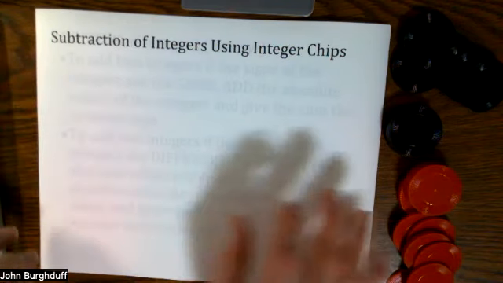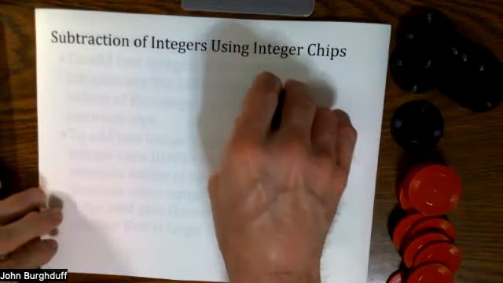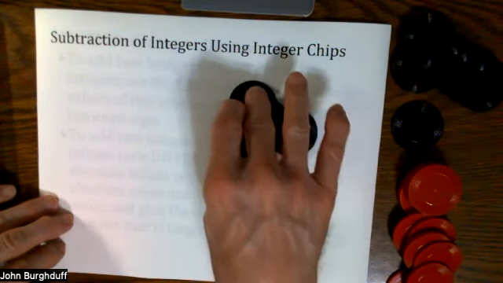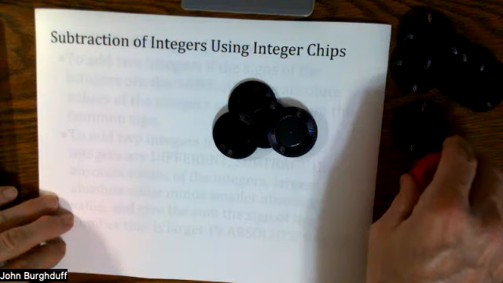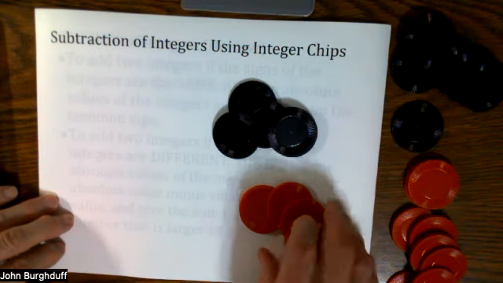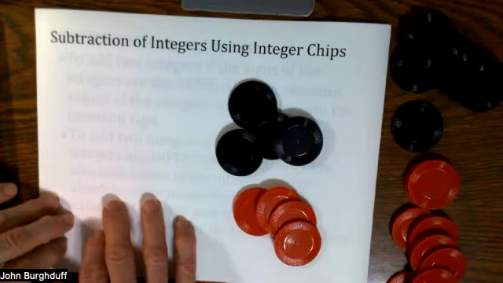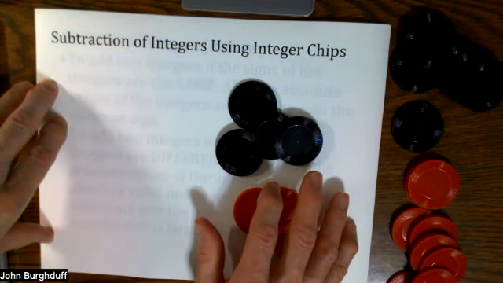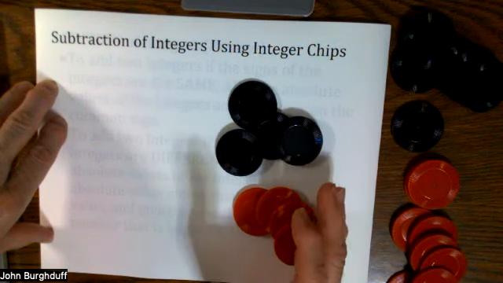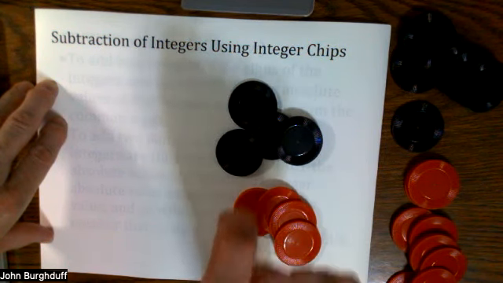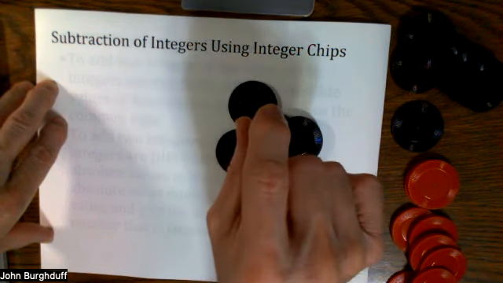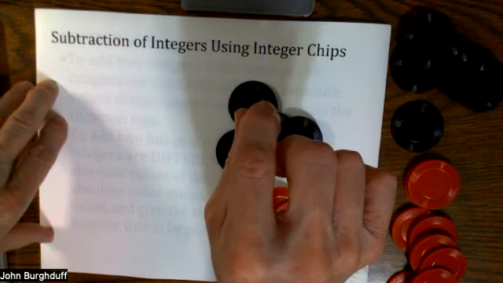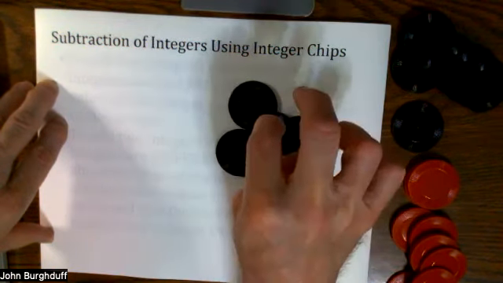But jumping right in, let me introduce you once again to integer chips. I am calling these integer chips also integer tokens. And as you can see, what I have here are just some black and red poker chips. There are commercially available integer chips or integer tokens, and those are double-sided little chips that are little circles that are yellow on one side and red on the other.